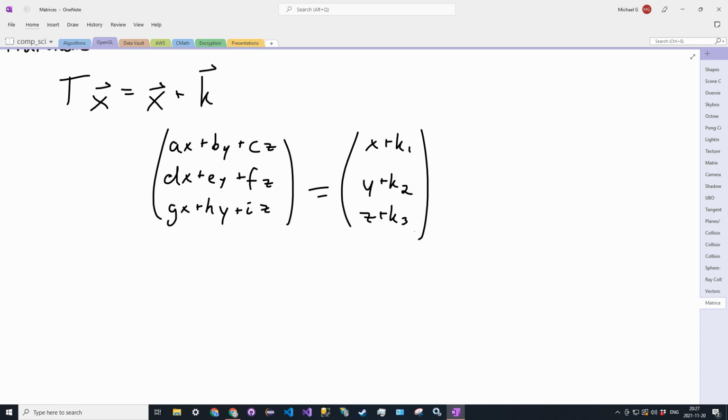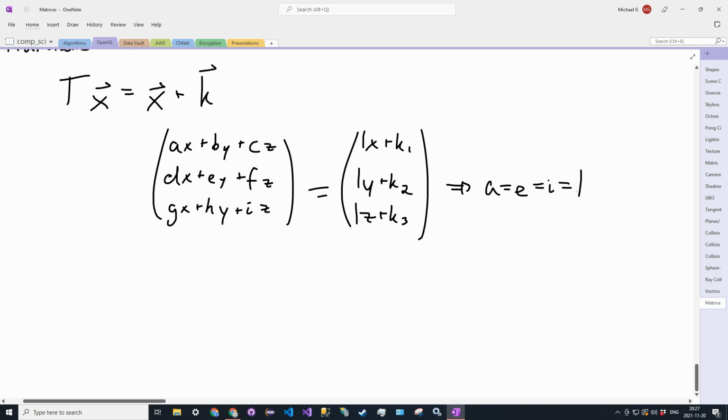Now, if you were to look at this, there's no real way to do this, because the factors in the result in front of x, y, and z have to be 1. So this is a 1x, a 1y, and a 1z. Therefore, we have to have that a is equal to e is equal to i is equal to 1.